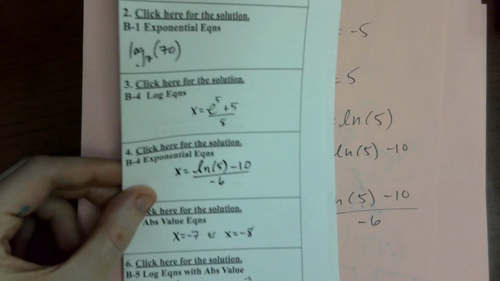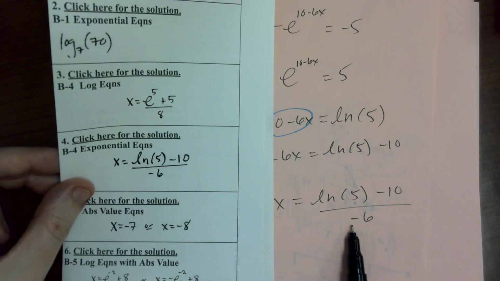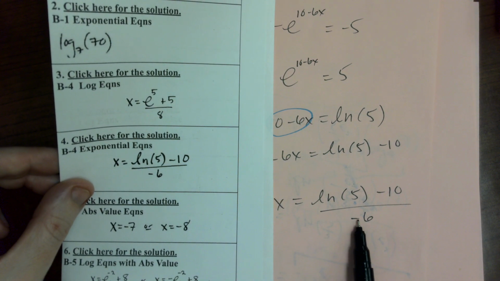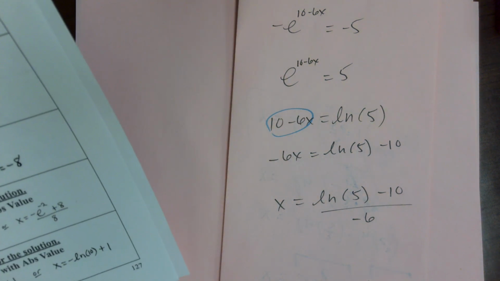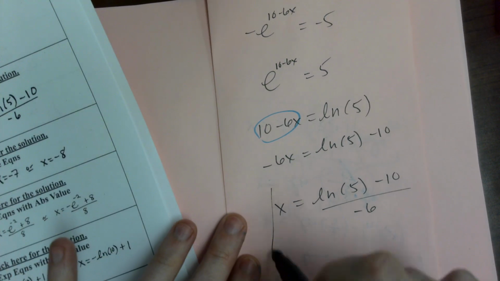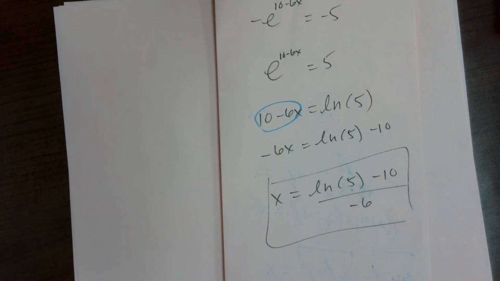All right, now guys, a lot of times people don't leave a negative in the bottom. So if you took this negative and distributed it on top instead, that's a good answer also. But that is the one that I put in the skill cards.